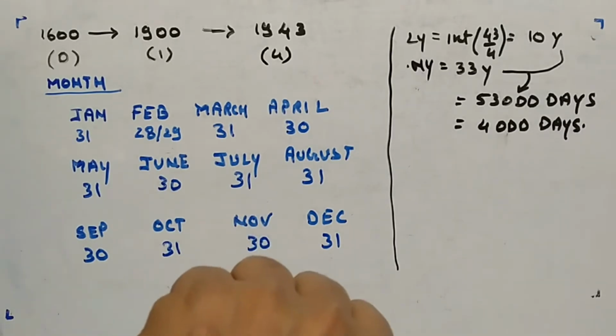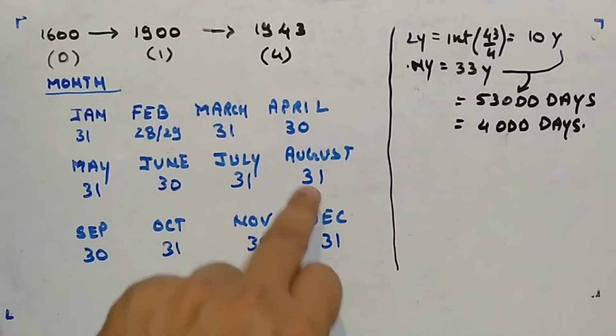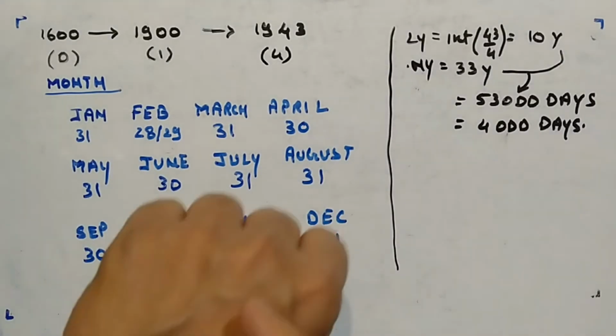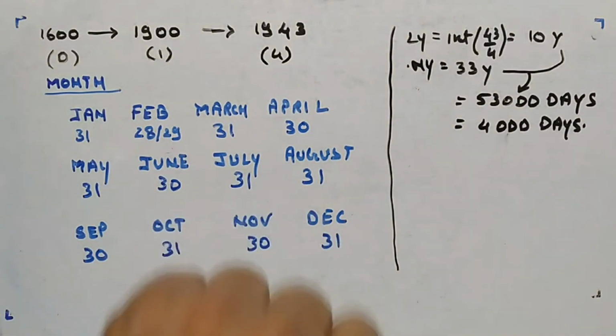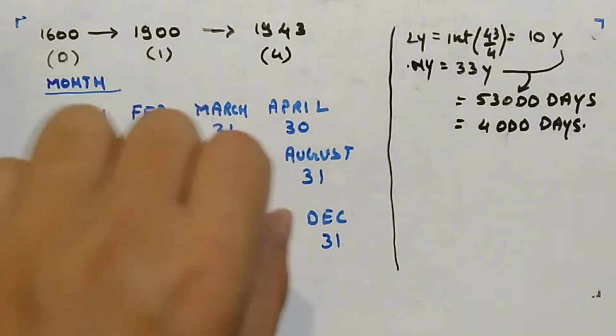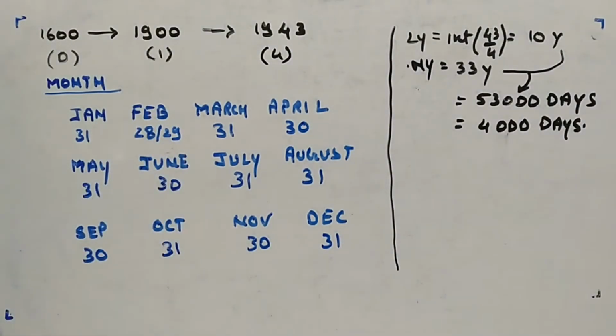Then start again from here for August 31, then 30, 31, 30, 31, 30, and again 31. So this is a way to remember how many days there are. A bump means 31, a gap means 30, and in the February case you have to remember it is 28 or 29.